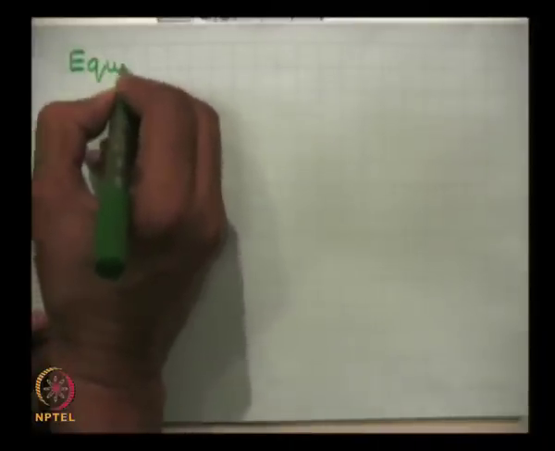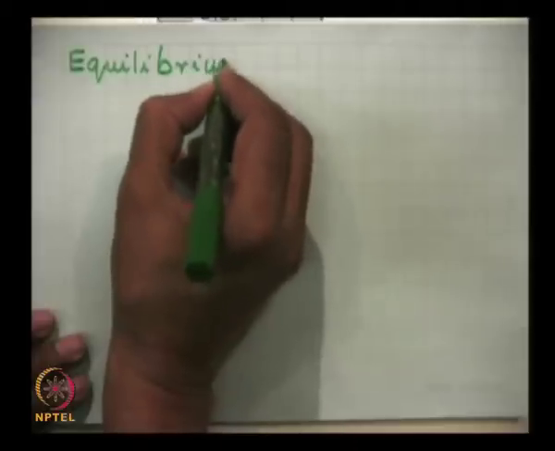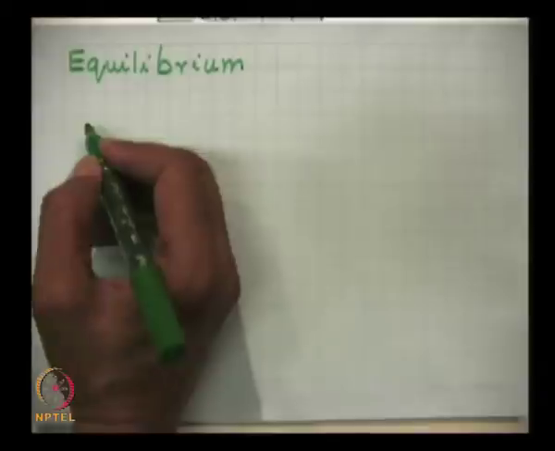Let me say that equilibrium is like this. There is no plasma, only beam electrons are there.